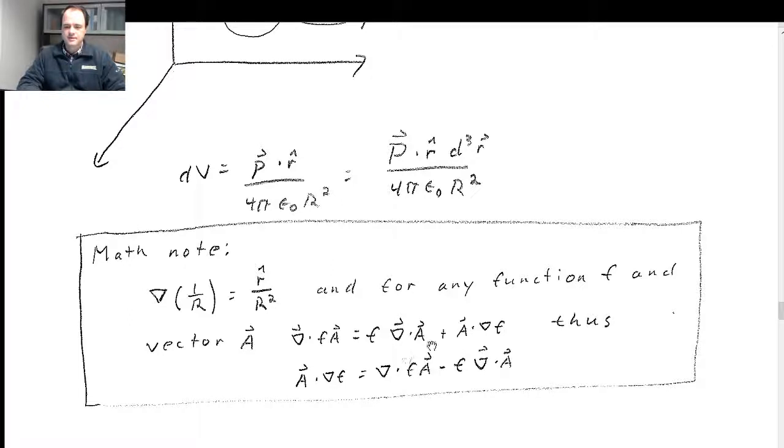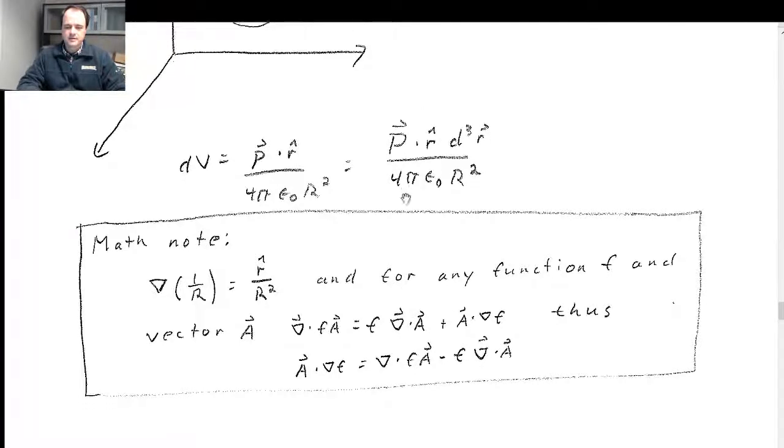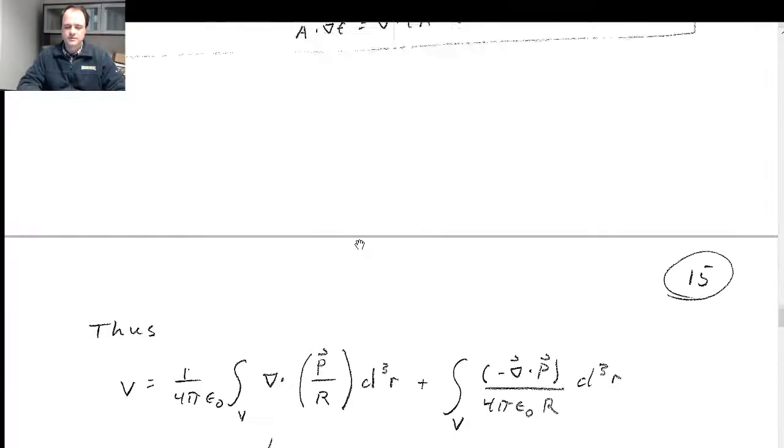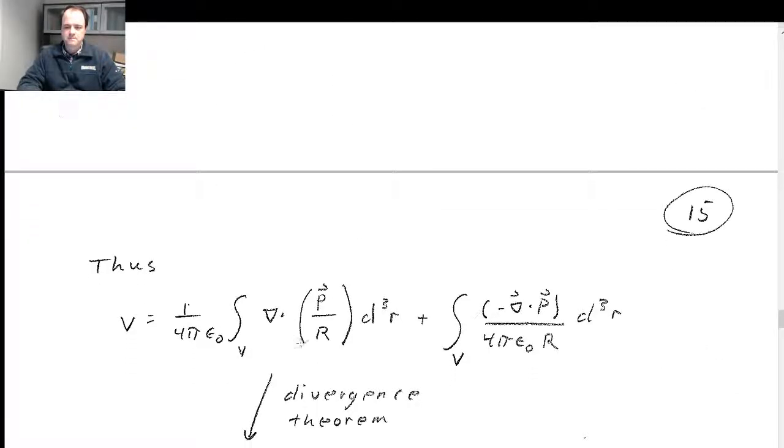And so we can arrange this and solve for a dot del f in terms of this. That basically means our f is going to be the 1 over r, and the a is going to be our p. We use these two results to express that potential in terms of this right here, where we have del dot of p over r minus del dot p over r outside that operation.